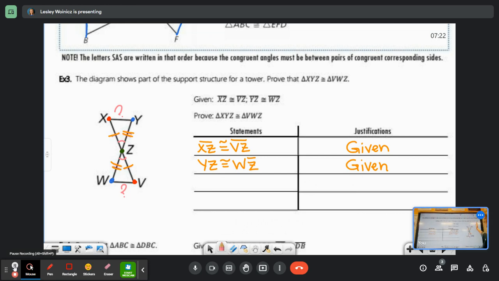So I'm going to make sure that I go red, green, blue. Angle XZY is congruent to red, green, blue, angle VZW. And I know that because of the vertical angles theorem.